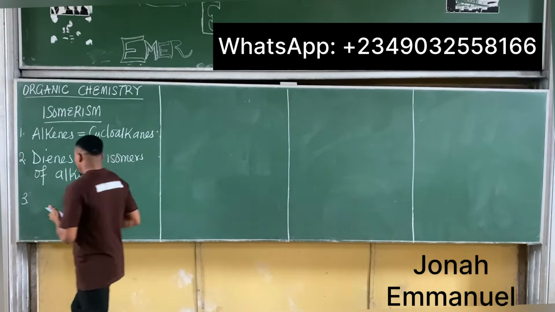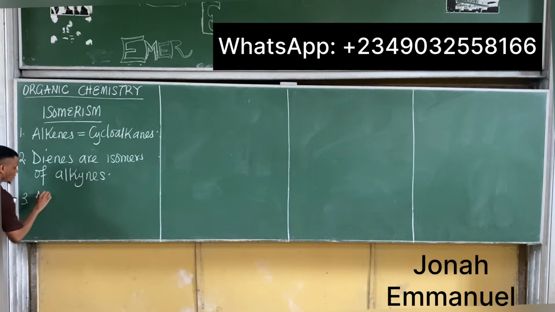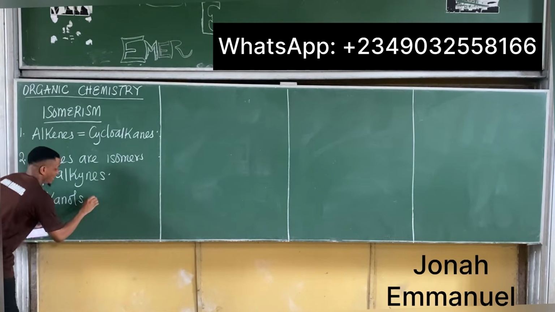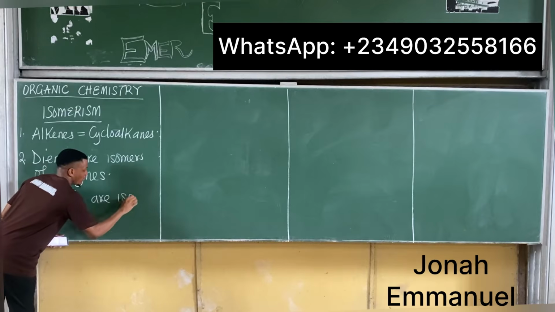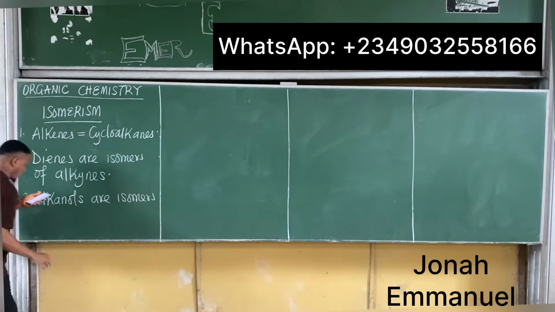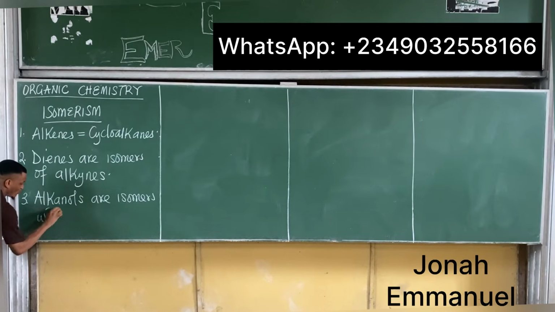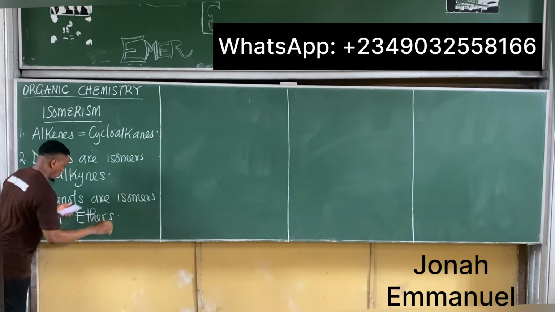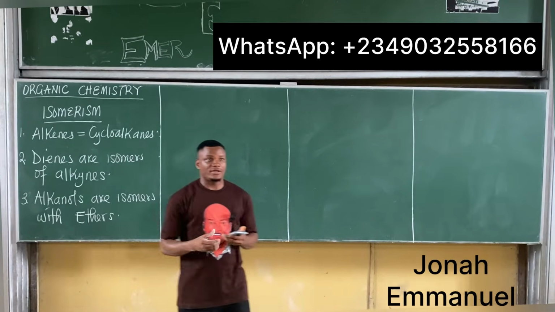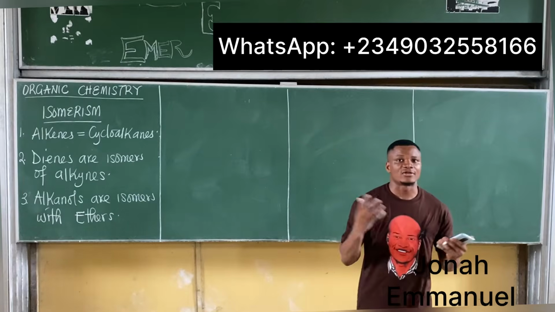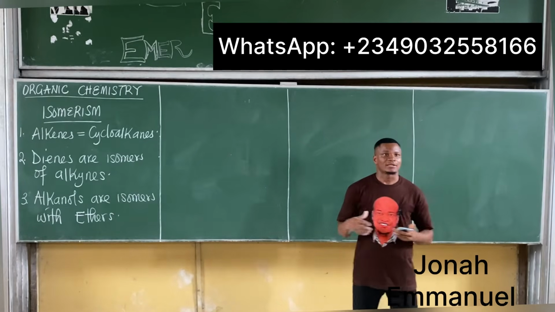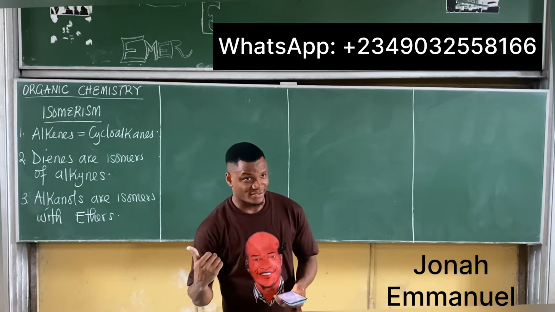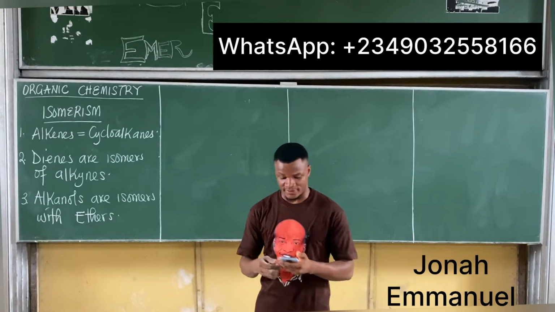Number three, note that alkanols are isomers with ethers. All right, so if you know these three things, there is nothing to give you on isomers that you can't answer. So just know these three things, please. I didn't mention this when we did isomerism in class, but now I'm giving it to you. So know these things, please.